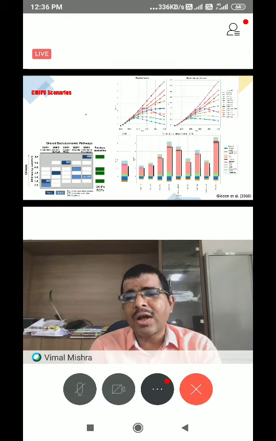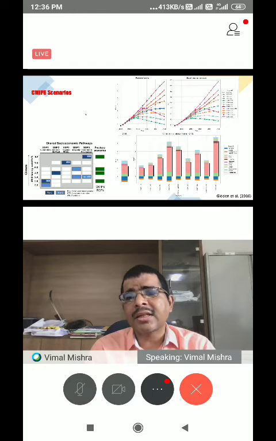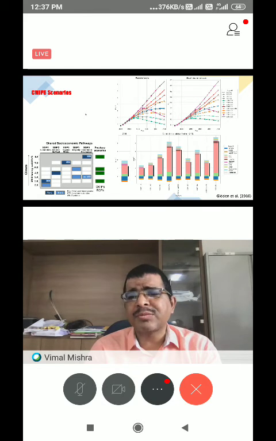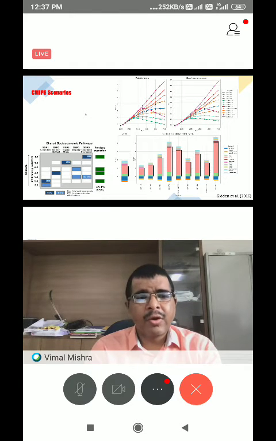If we don't follow mitigation, then there are other scenarios like SSP 3.7, SSP 3.4, and SSP 5.5. So in the worst case scenario, where we don't do any mitigation, we can see as high as more than a 4 or 4.5 degree rise in global mean temperature by the end of the 21st century.